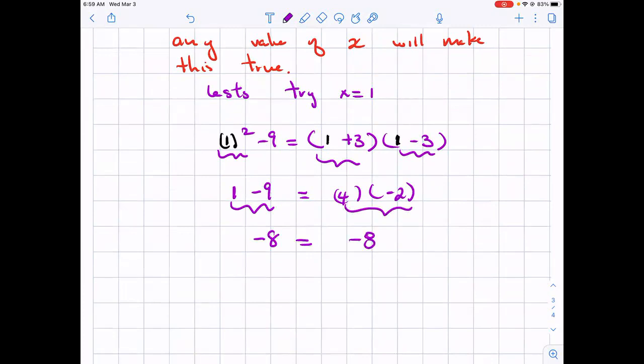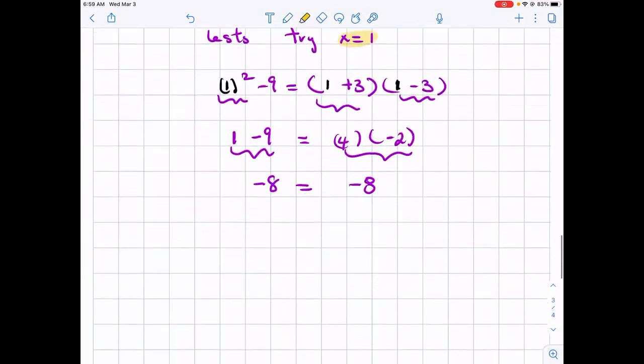And this is just one example. Let's try a different x. Let's try x equals minus 3.